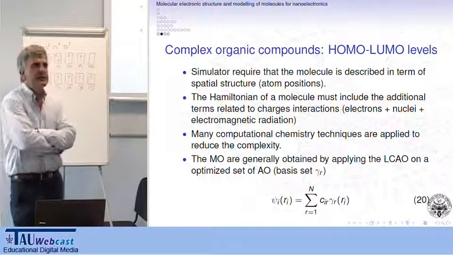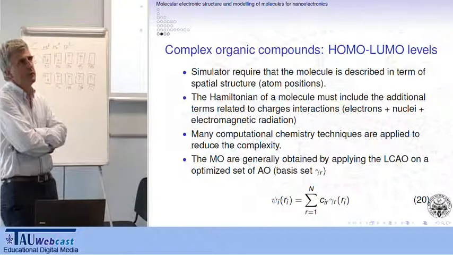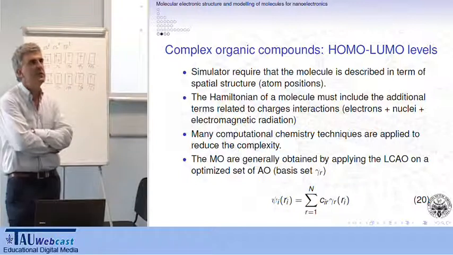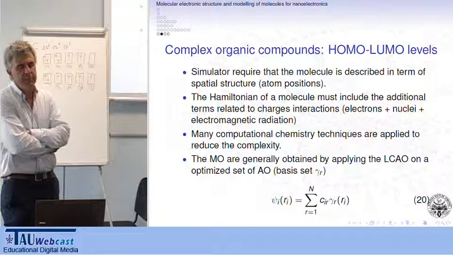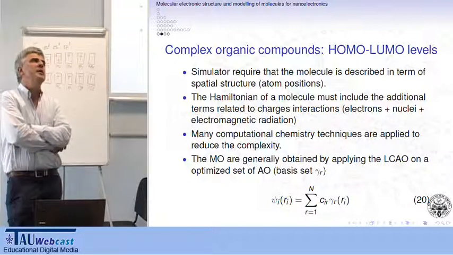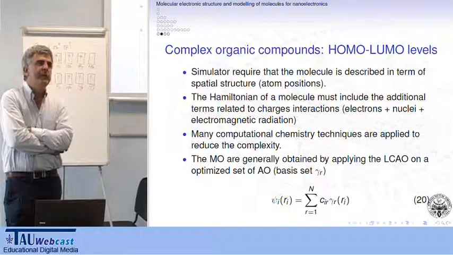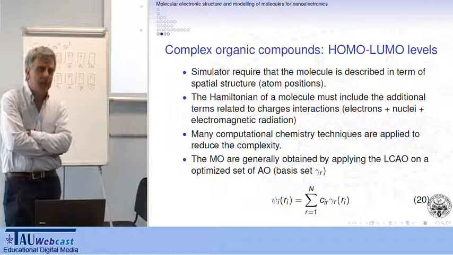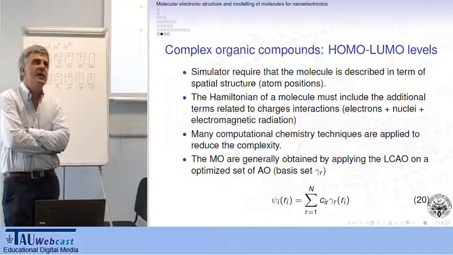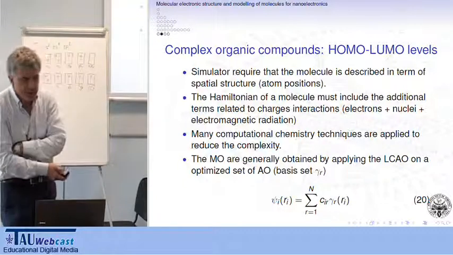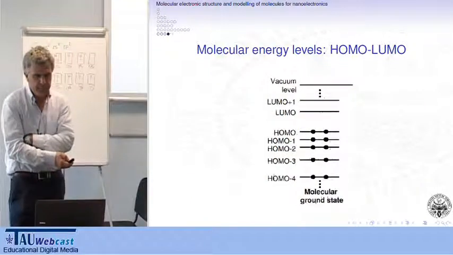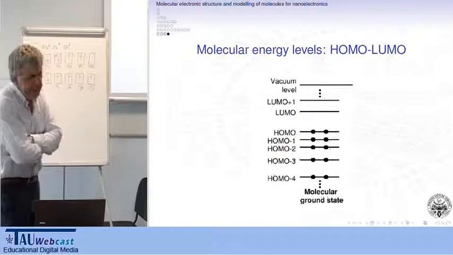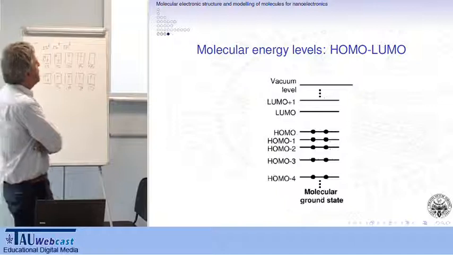We have some coefficients that we optimize and some functions, gamma functions, that are the basis set. So the simulator will produce molecular orbitals. Each molecular orbital has an energy. So we can get, for each compound, a structure like this.